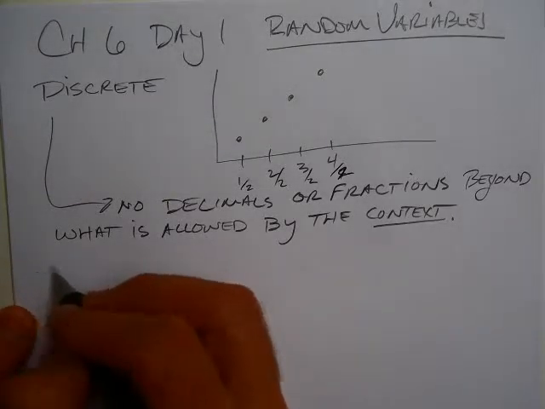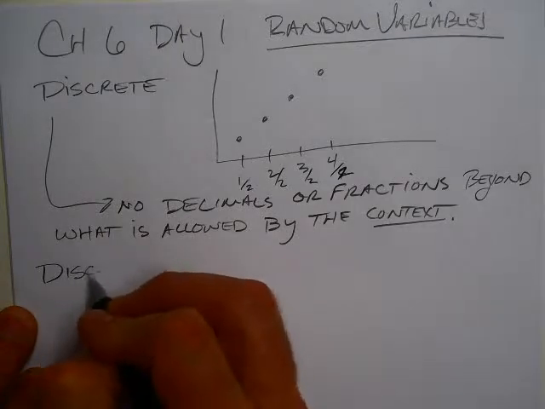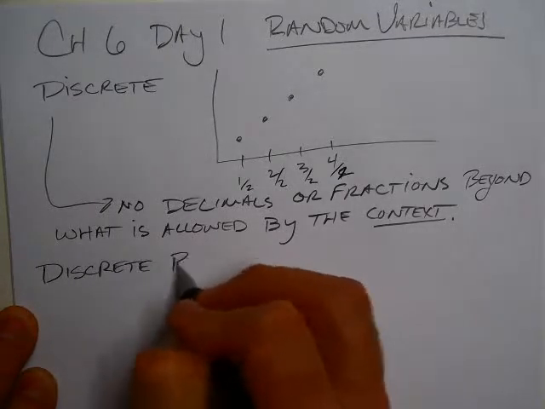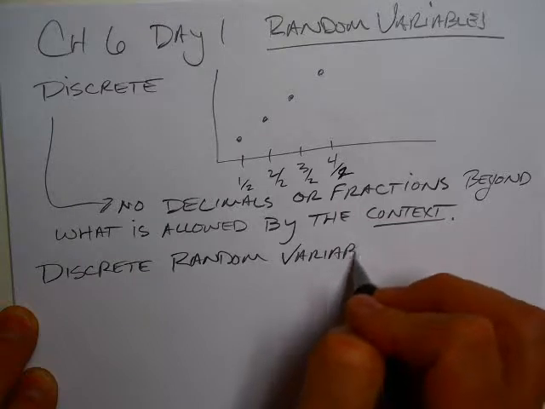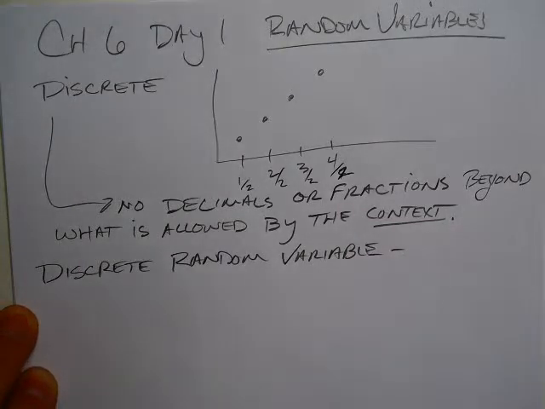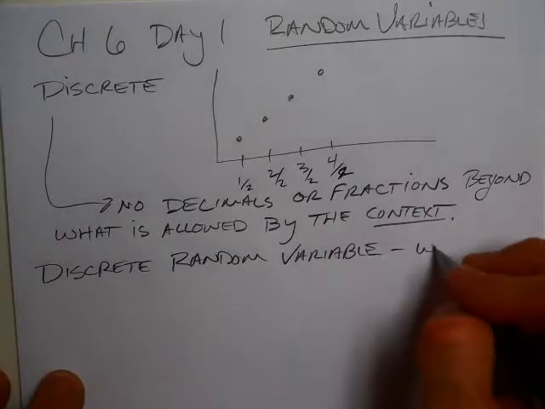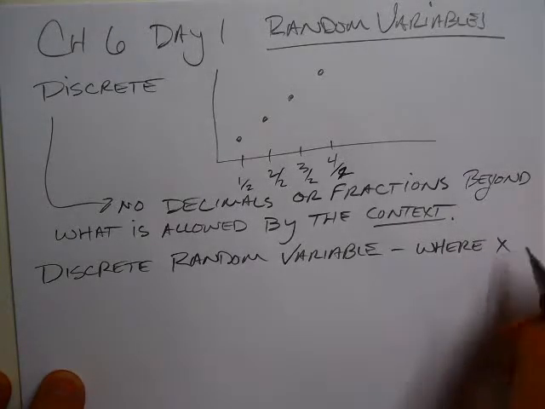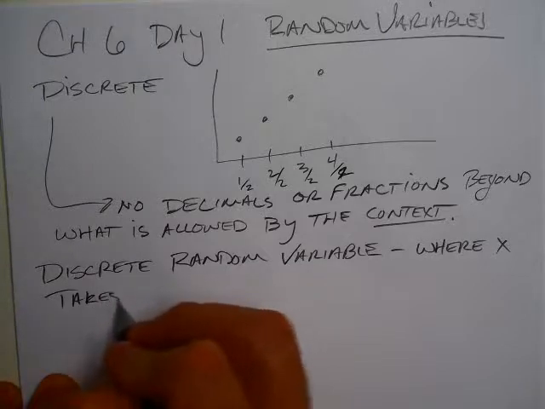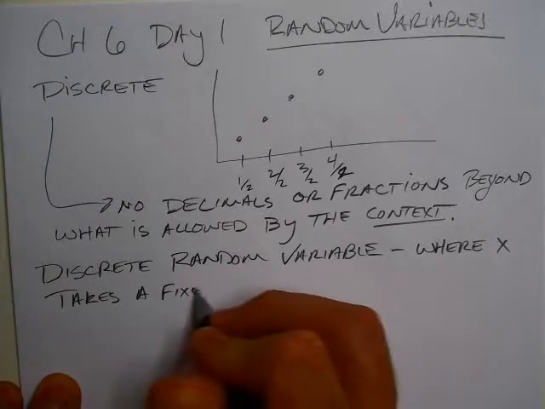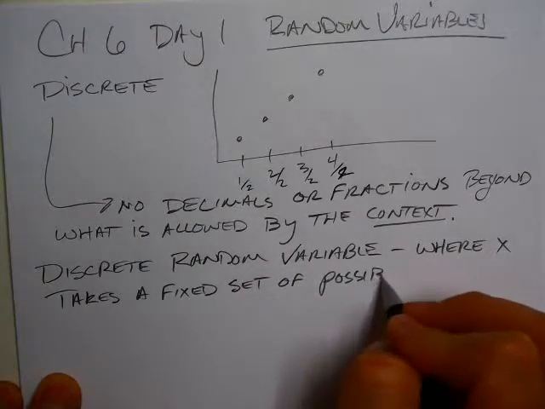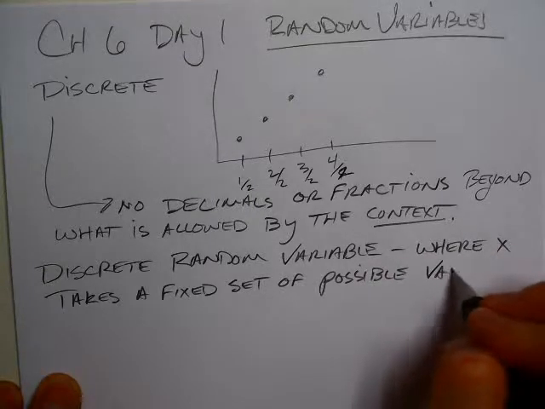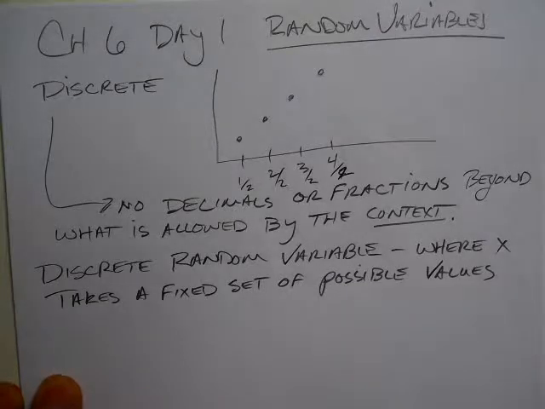So a discrete random variable is basically saying pretty much what I just said, where x takes a fixed set of possible values with gaps between them.